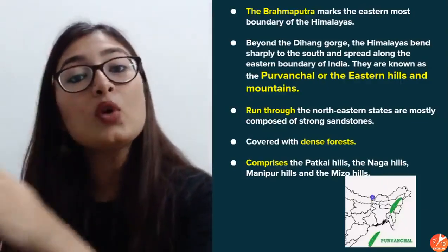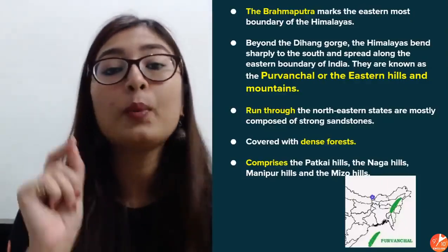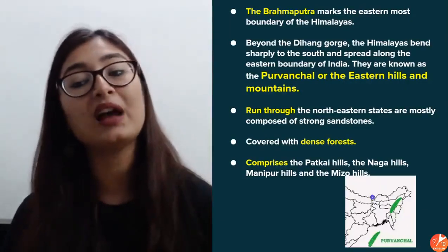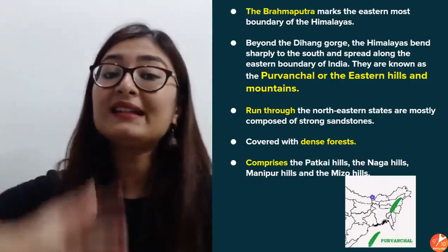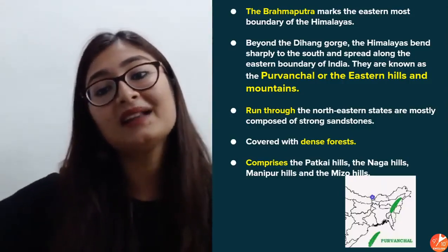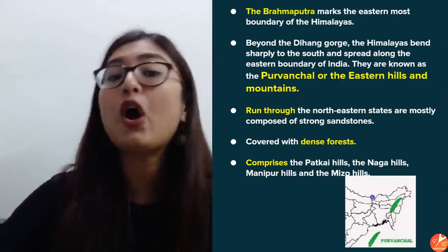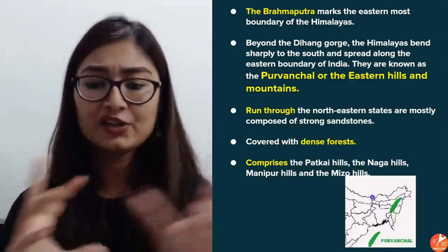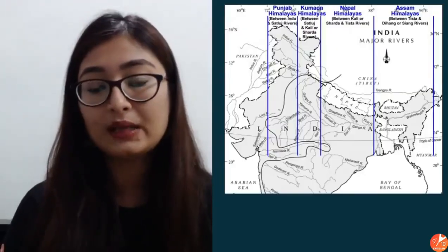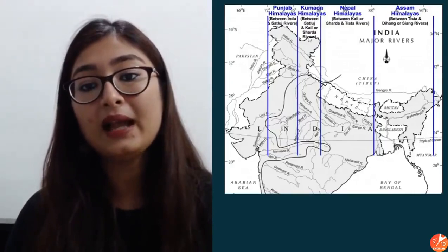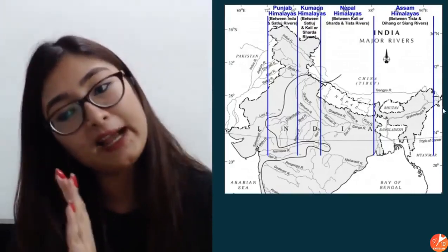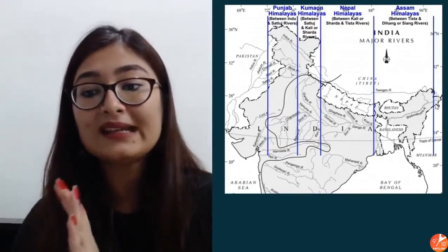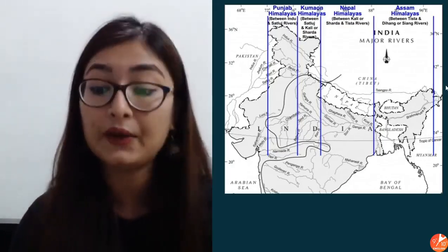The easternmost boundary of India is also formed by the Himalayas, which is known as Purvanchal or Eastern Hills and Mountains. That is towards the Brahmaputra. That is what marks the easternmost boundary of the Himalayas, guys. If you look at the map, if I go a little back, you will notice that the Himalayas from here move straight, and over here all of a sudden they take a U-turn and form the eastern boundary of our country.